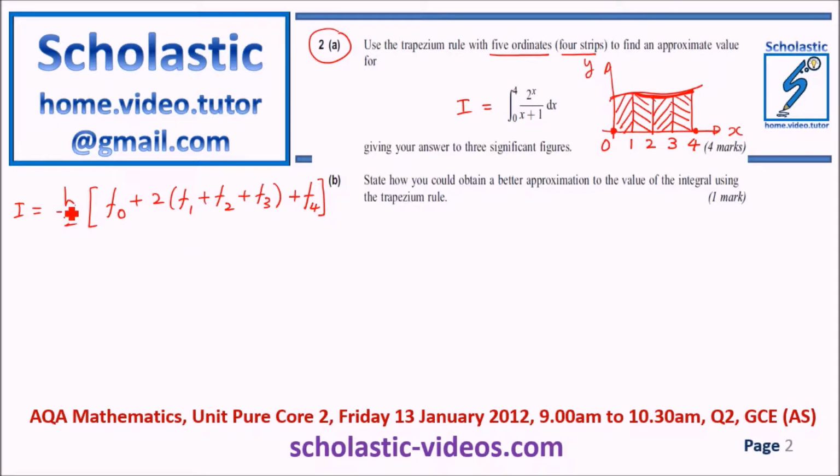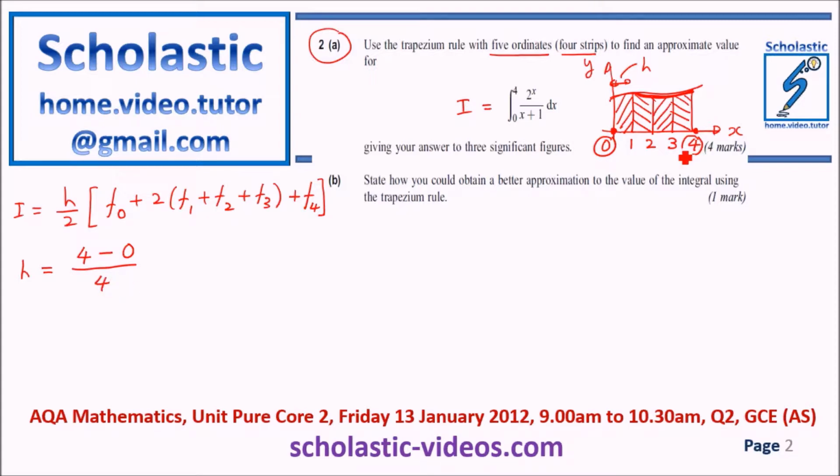The value h is the width of a stripe. Basically h is equal to 4 minus 0, divided by 4. 4 is the last sample value, and minus 0, this is the range of x, but we divide it into 4 stripes, therefore you have to divide by 4.